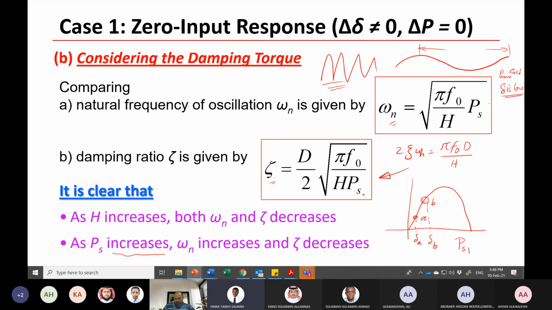This machine is light. When you say light machine, we are talking about a machine whose weight is high, is big. You mean H, the inertia of the machine? Yes, the inertia of the machine. What I'm saying is that when we say heavy machine, the mass of the machine, maybe the rotating wheel, is big.